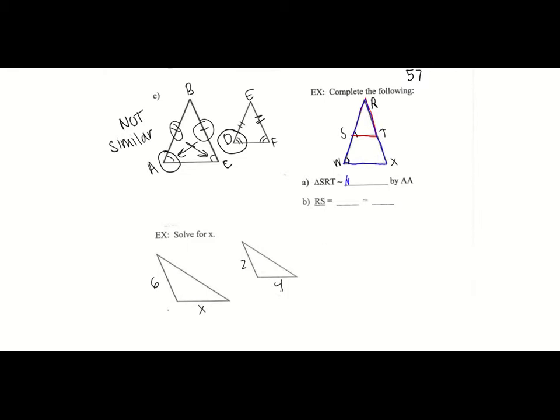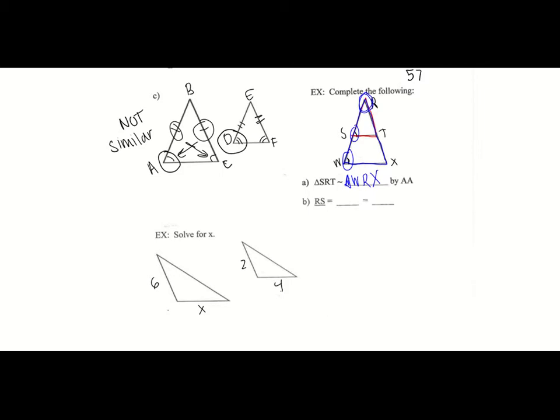So that would be triangle WRX, by angle-angle. So we have this angle here that matches, and then we also have the vertex at the top. That angle is in both of our triangles.